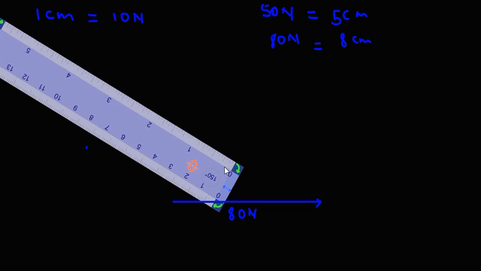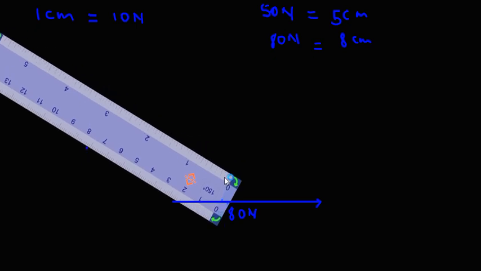You would tilt your ruler like this, and now you want to draw a line like this.